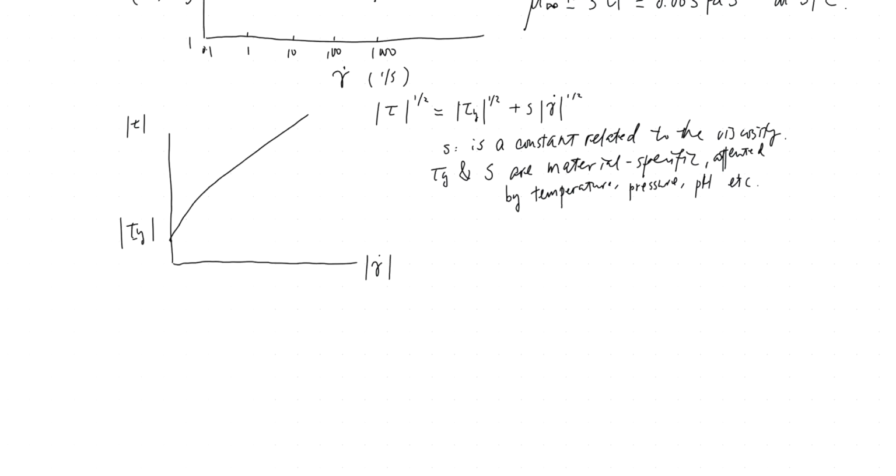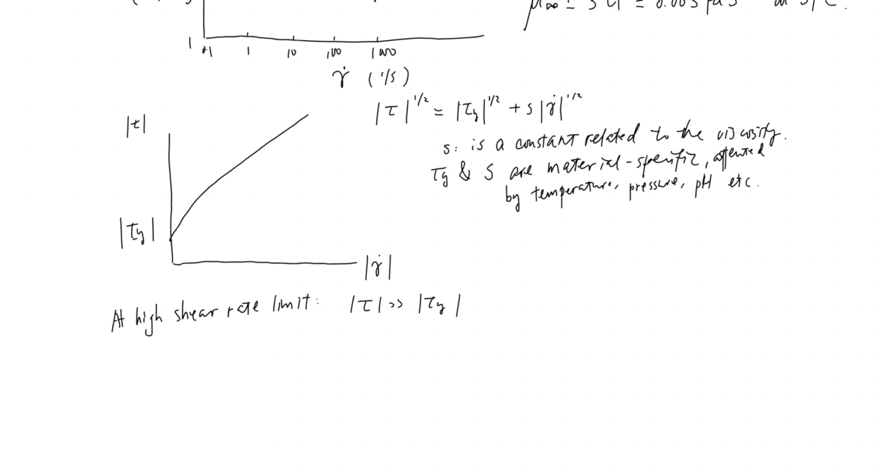To interpret S, let's look at the high shear rate limit. That means when tau is much larger than tau y, much larger than the minimum shear you need.